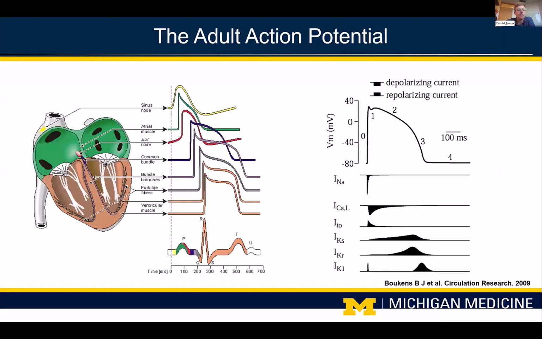So for those not familiar with cardiac electrophysiology, the contraction of the heart is regulated obviously by an action potential, and that action potential takes on many different forms as it moves from the sinoatrial node and down through the atria into the ventricles, and that difference in shape or morphology is driven by sometimes subtle and sometimes dramatic changes in the expression profile of the ion channels that underlie the action potential.